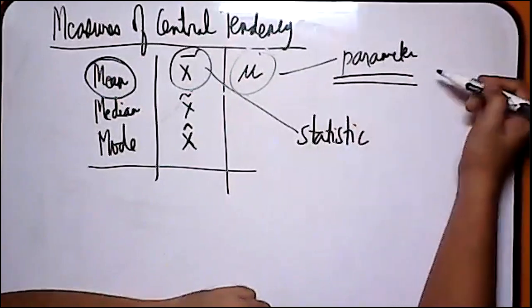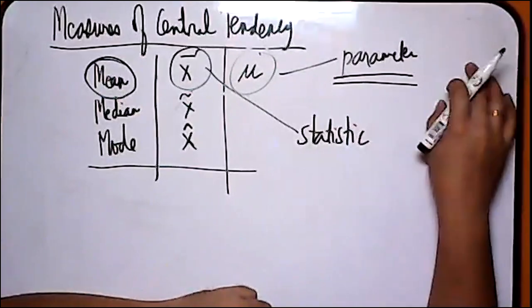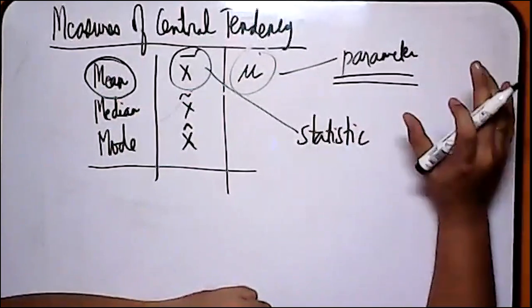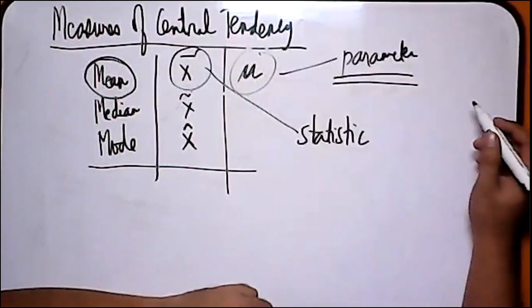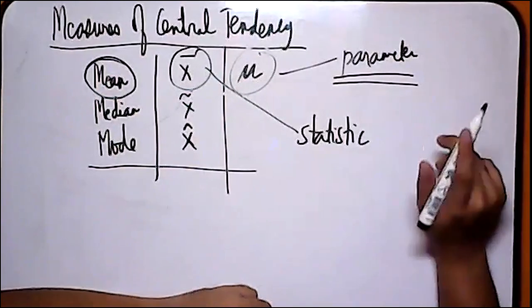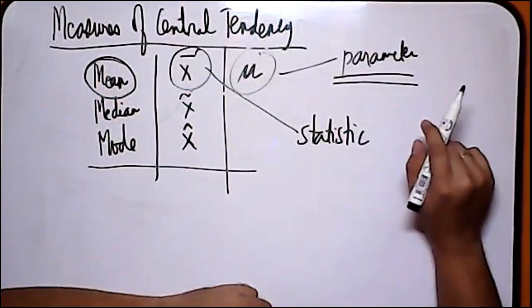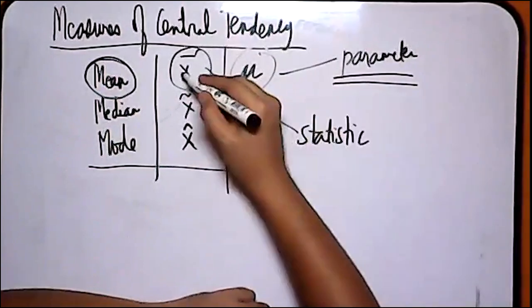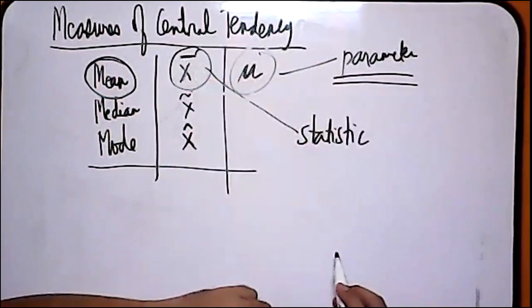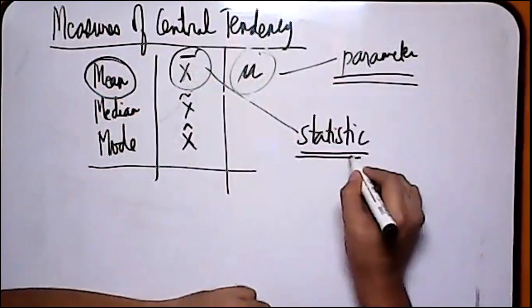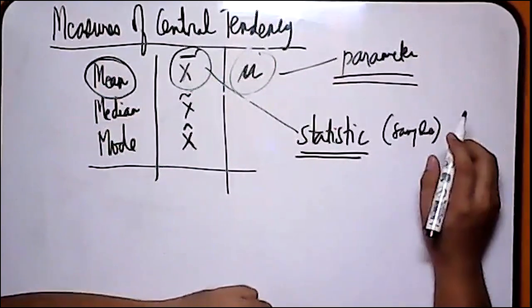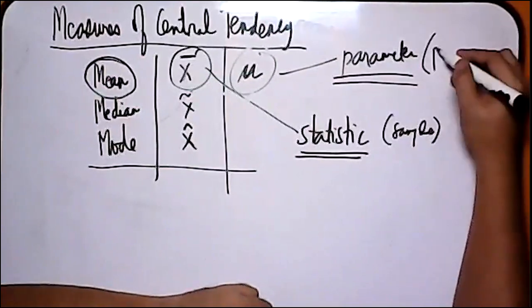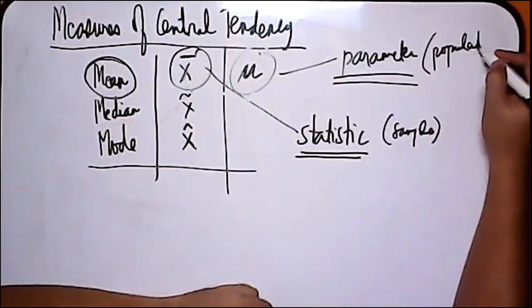In other words, if we get the mean from a population, our symbol should be like this. But if we get the mean from a sample, our symbol is X bar. Because this is the statistic and we refer this again to our sample, no? As what we have discussed in our previous sessions, while this comes from a population.